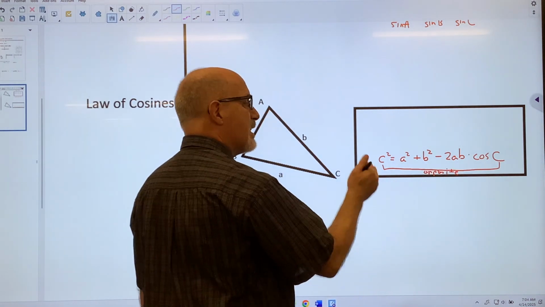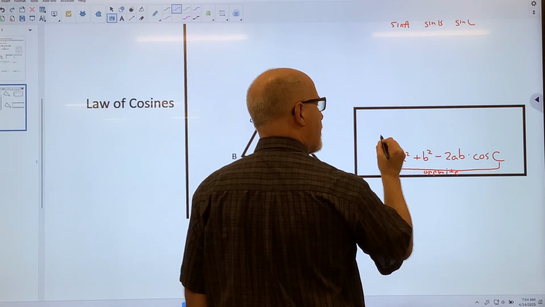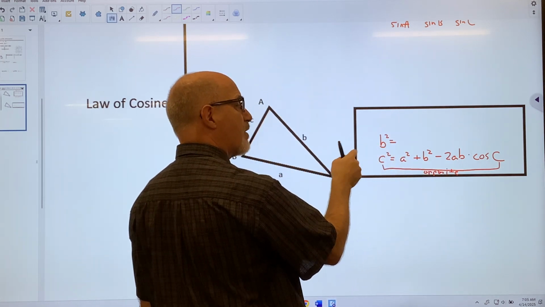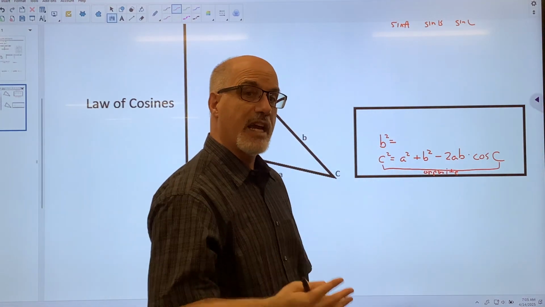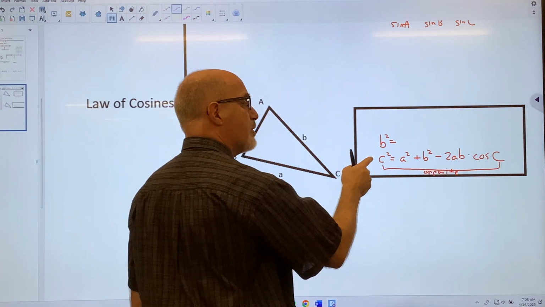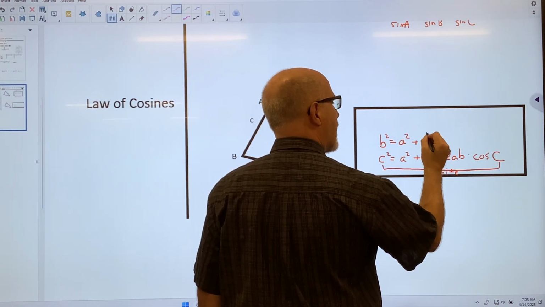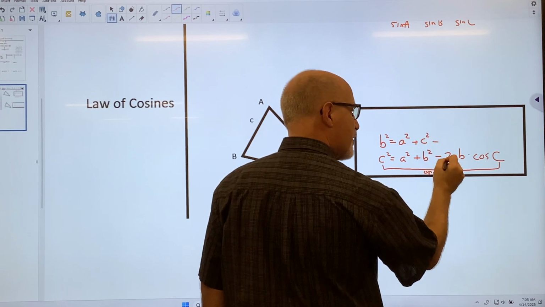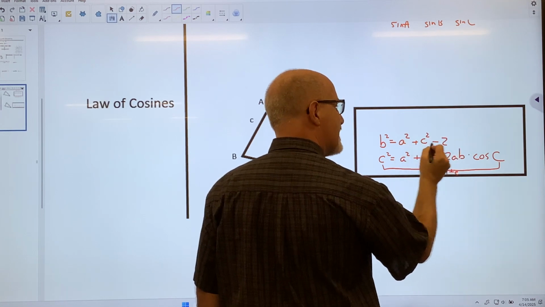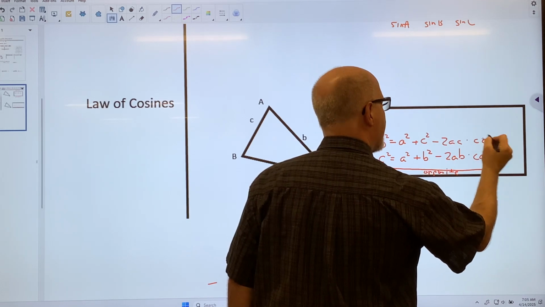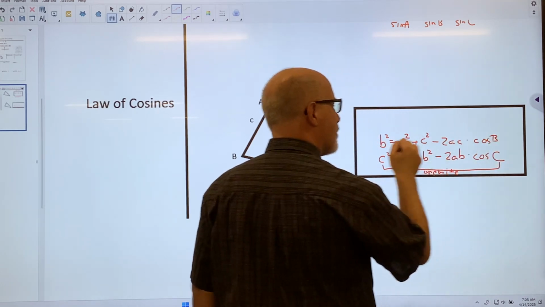So for the other forms of this, I'll just build my way up. b squared, if we're trying to find b, then we use the other two sides, a squared and c squared, and notice this would be 2ac, that's the pattern, times cosine of angle B, which is the one opposite.